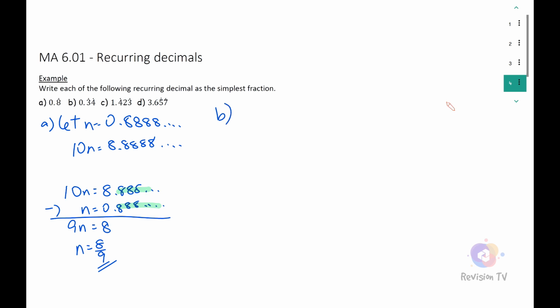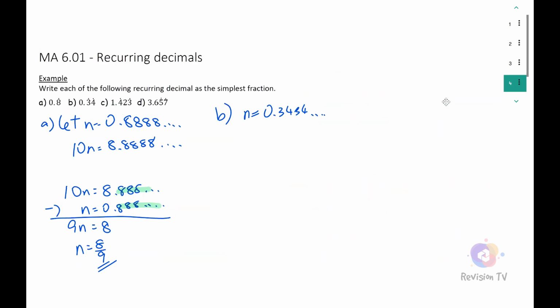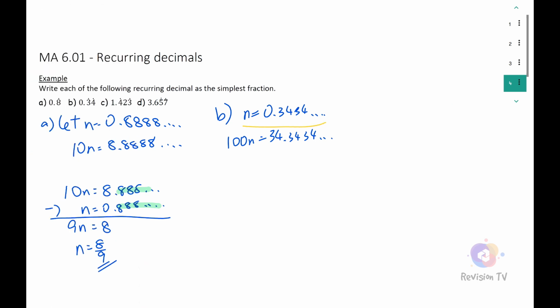Part B, 0.34 recurring. We let n equal 0.3434, etc. From the previous working out, I'm going to write 100n equals 34.3434. Again, if I move this down here, n equals 0.3434.